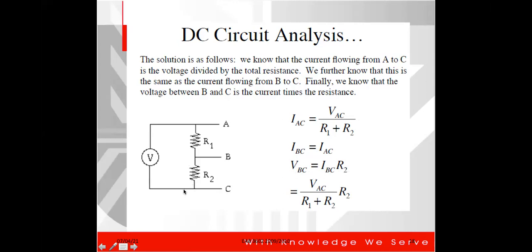The I we got earlier is IBC, which is equal to IAC, and the R across B and C is R2. So you multiply IBC, which is VAC over R1 plus R2, by R2.